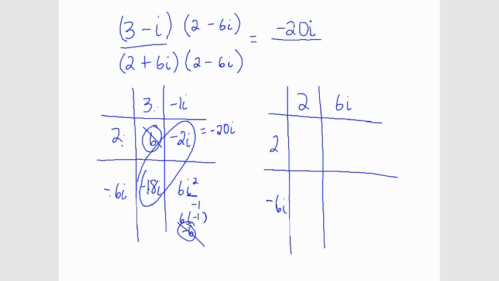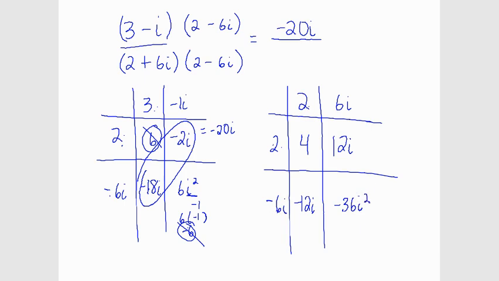Let's go ahead and do the denominator. 2 times 2 is 4. 2 times 6 is 12, and then we have the i. Negative 6 times 2 is negative 12i. And then negative 6 times 6 is negative 36, and then i squared.